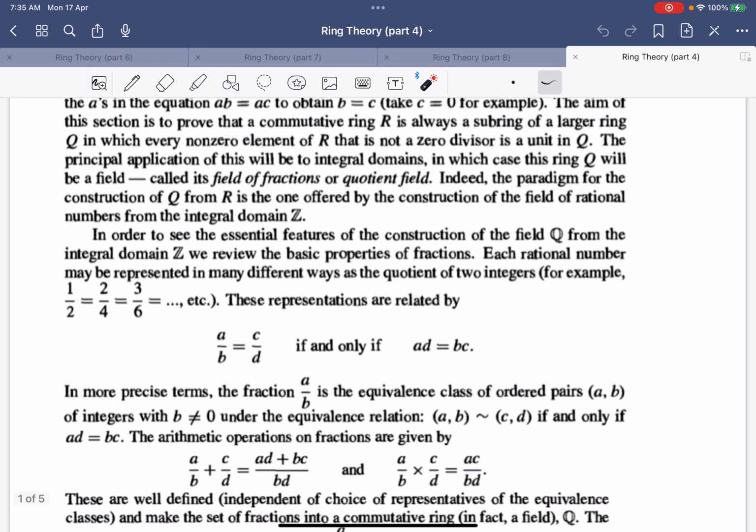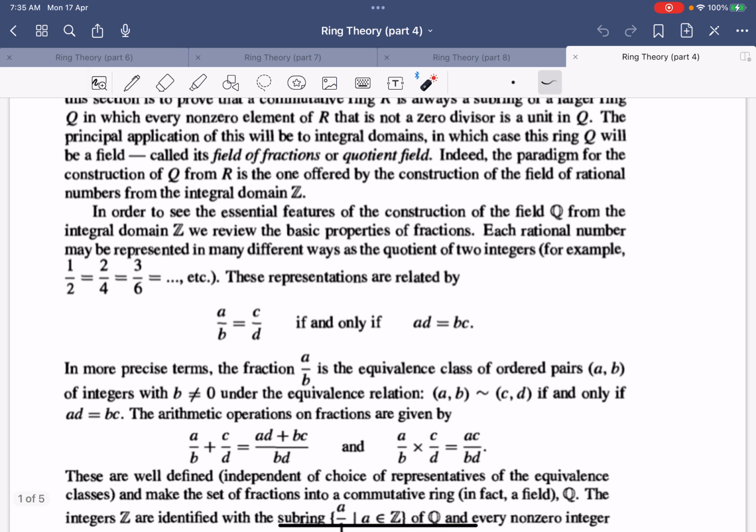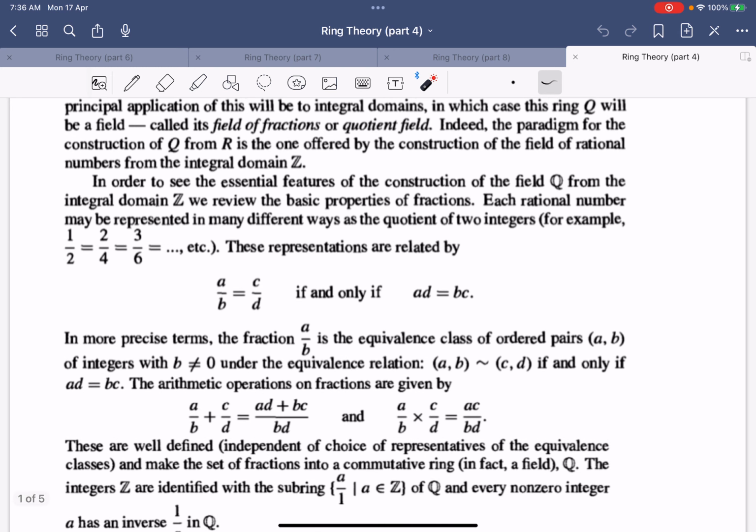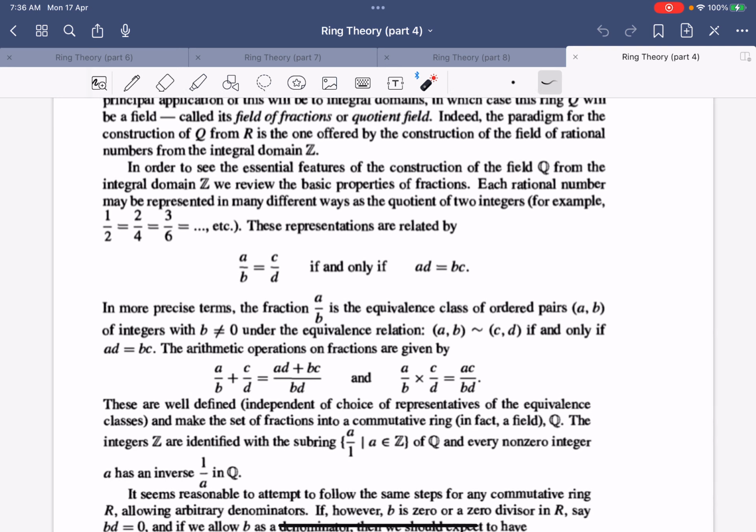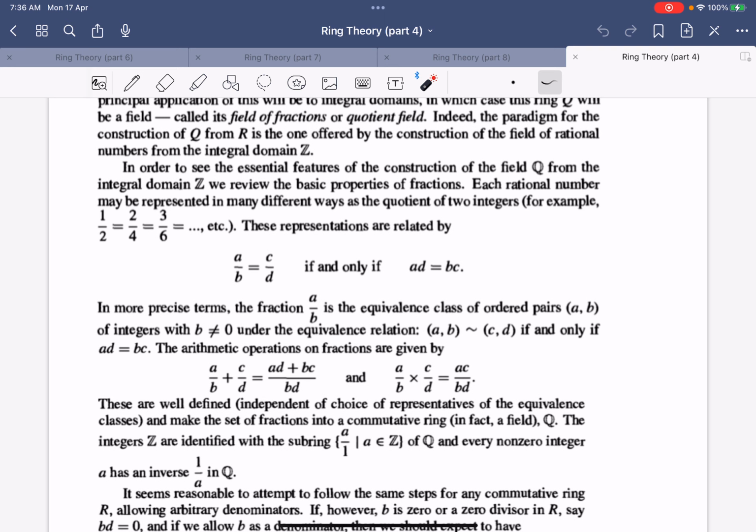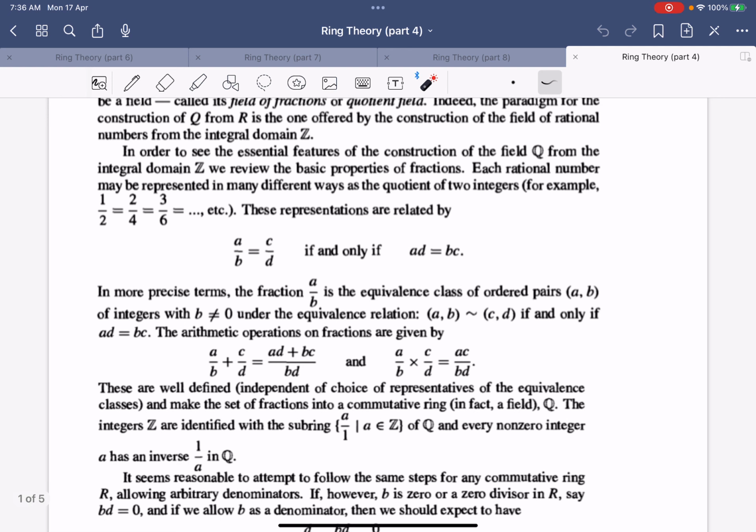And indeed, this is basically a generalization of how you construct the rationals from the integral domain of integers. That's why the rationals are considered a field, and have the field properties. As a result, we just need to look through the construction of the rationals from the integers, and we are able to generalize it to the field of fractions.